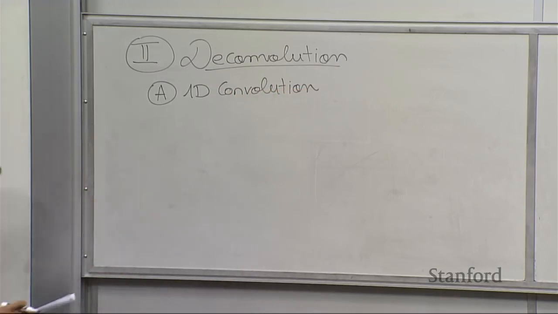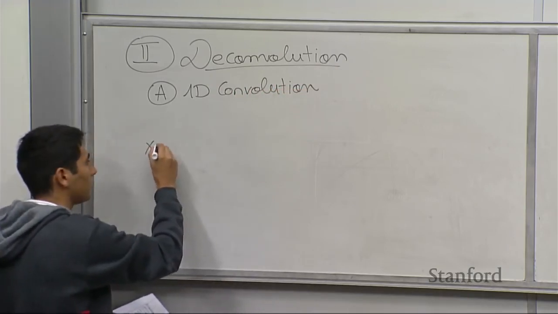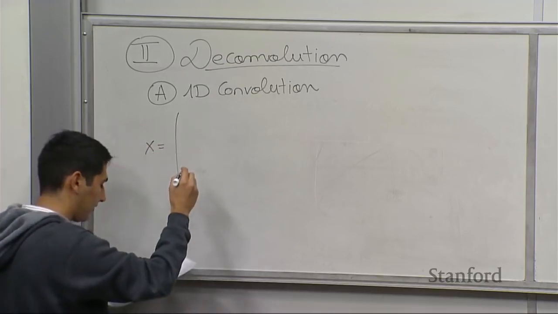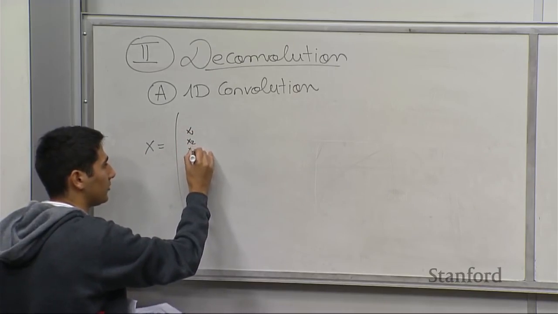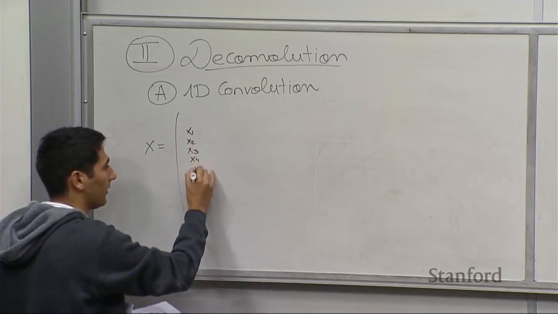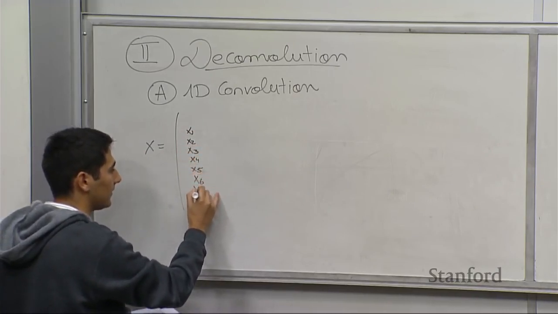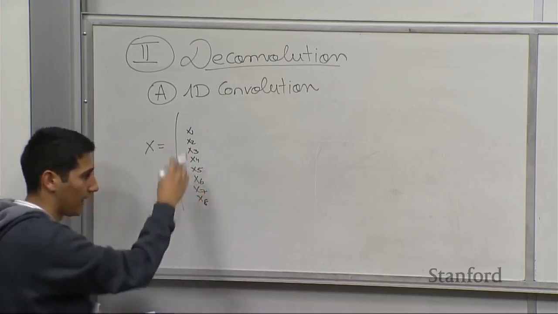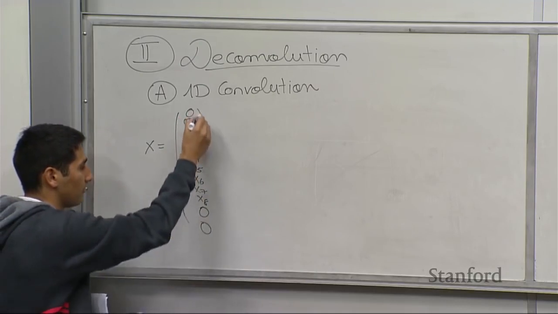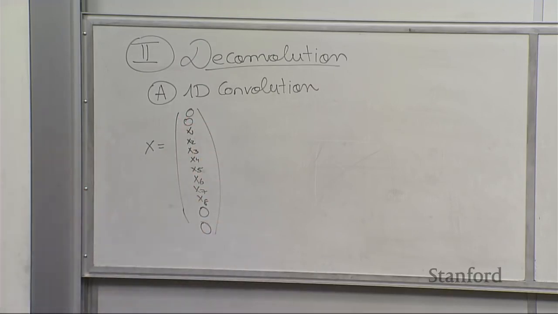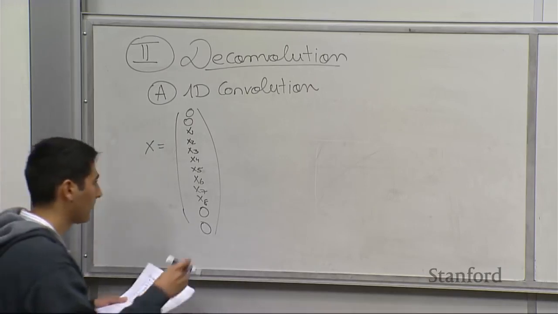For the 1D convolution, I will take an input x, which is of size 12: x1, x2, x3, x4, x5, x6, x7, x8. So 8 plus 2 padding, which gives me the 12 that I mentioned. So the input is a one-dimensional vector which has padding of 2 on both sides.